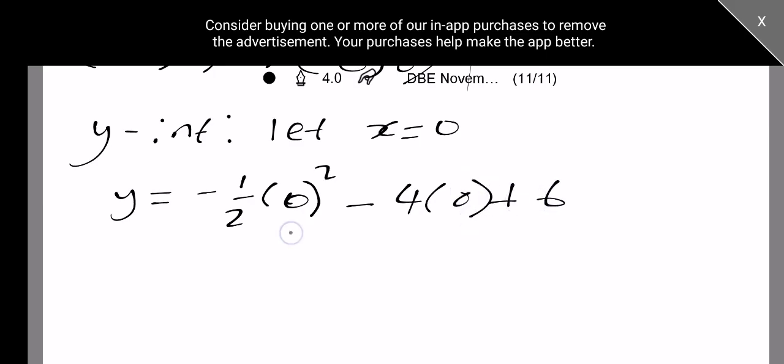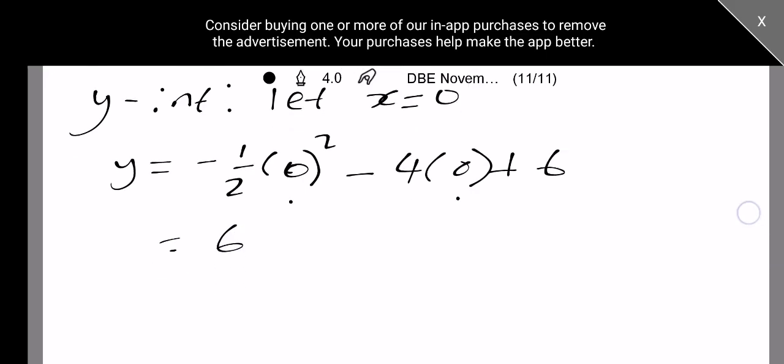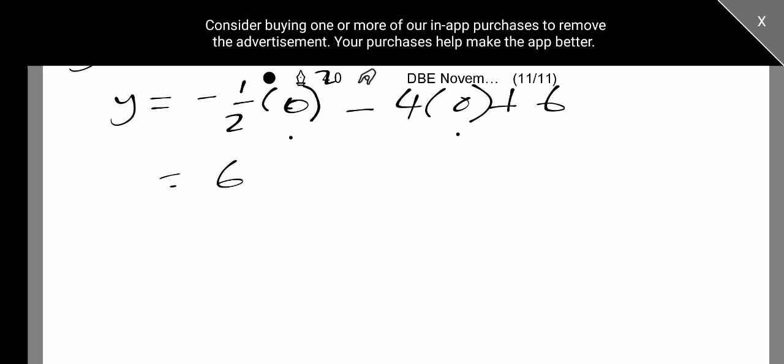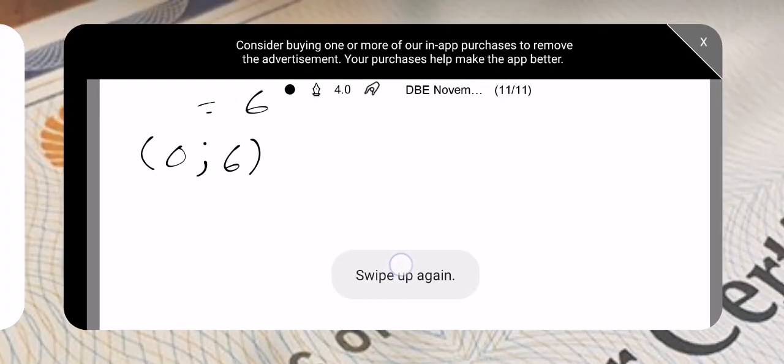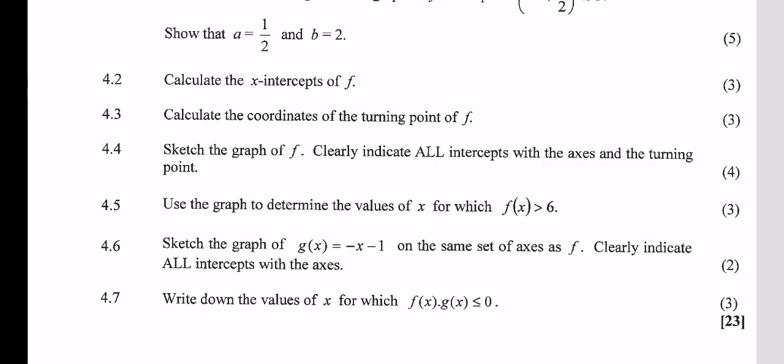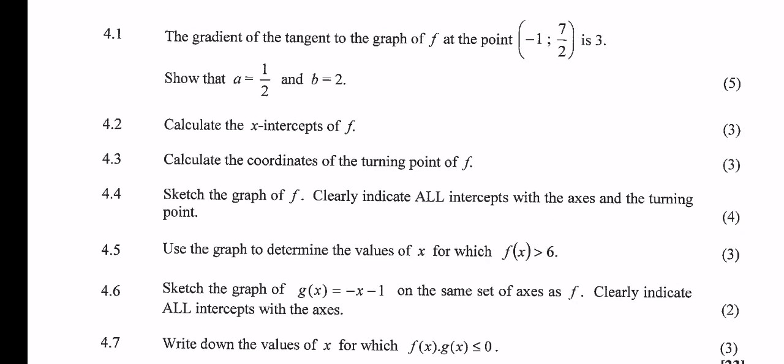The first two of these are going to give you 0. You're going to be left with 6. So let's write it in coordinate form. This is your y-intercept. It is 0, 6. But if you remember, the question didn't ask us to calculate the y-intercept. I just calculated it because it's part of the intercepts. Now let's move on to the next question.